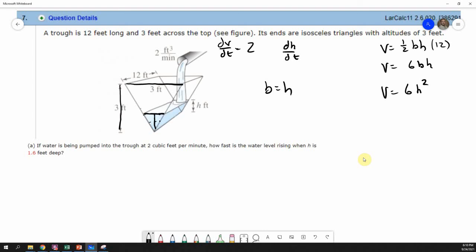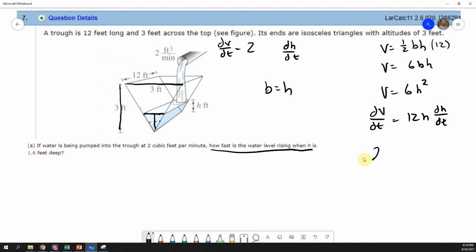Now we can solve this by differentiating and get dV/dt equals 12h dh/dt, right? We're treating h as a variable, which is a function of time. It tells us that h is 1.6 feet, and we know what dV/dt is, and we want to find out how fast the water level is rising. We're looking for dh/dt.